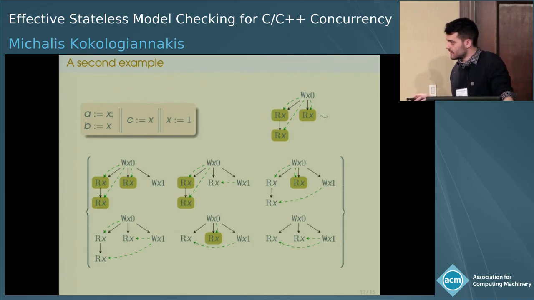But the interesting thing is that its suffix, this read to B, is removed completely from the graph. And we do this because when we actually change a value that a read reads, this may affect the control flow or thread local execution. So we need to remove the suffix of a read that is revisited from the graph.